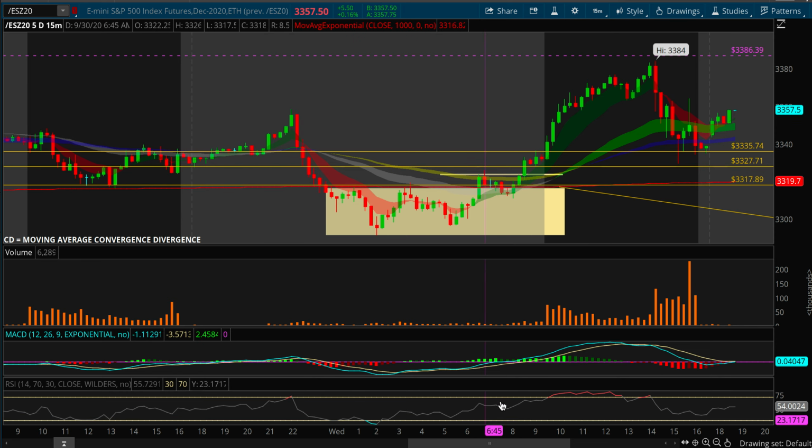So if you were going to enter right here after confirming with MACD and confirming that this is a bull flag pattern, and it's also a doji candle right here, as well as it's breaking out with momentum out of the range into the gap fill. You can clearly see RSI is in between overbought and oversold, so you're good.